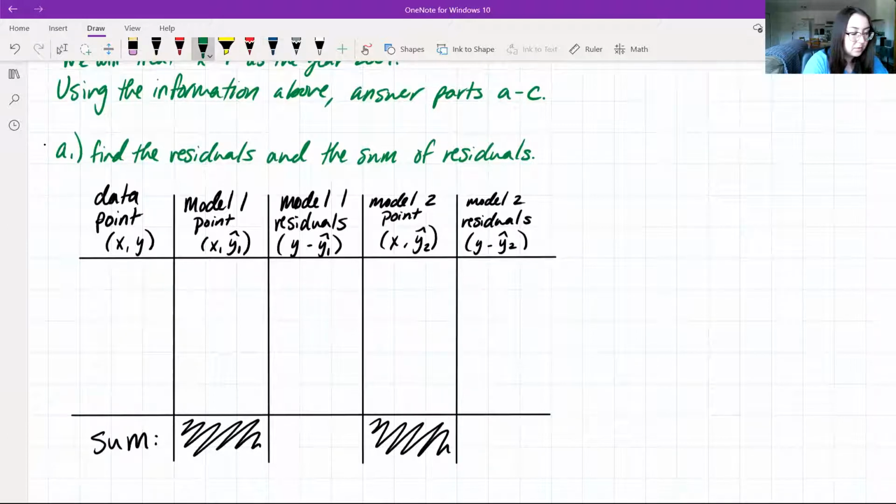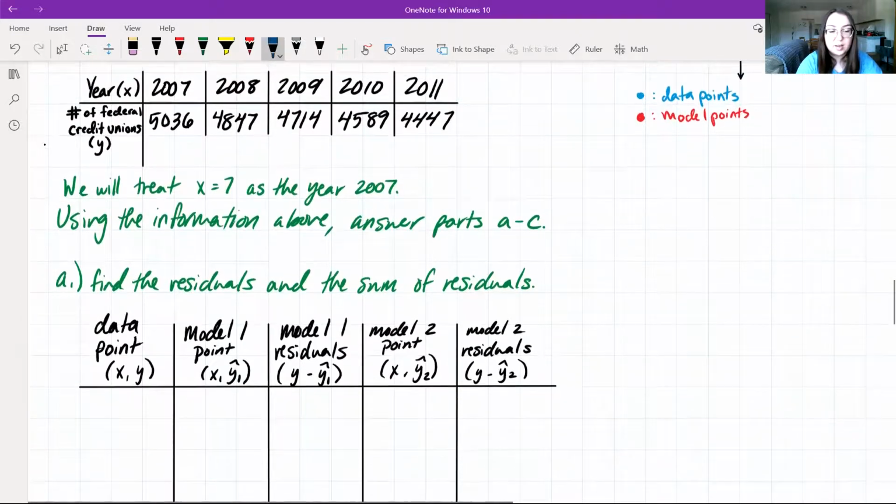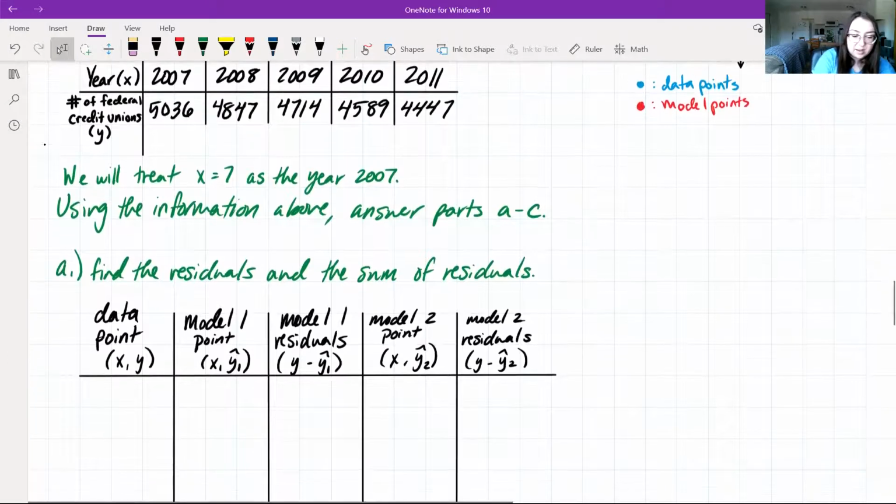I'm going to use a different color here. Let's just use navy blue. So our first data point, if x equals 7 is the year 2007, and we have our actual data here, then we're going to get 7 and 5,036.